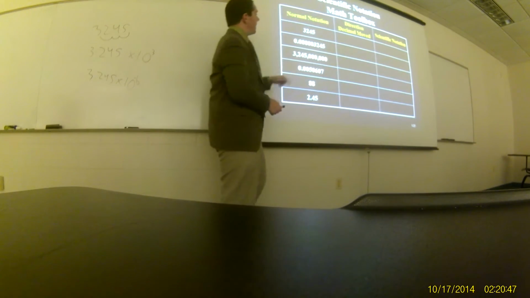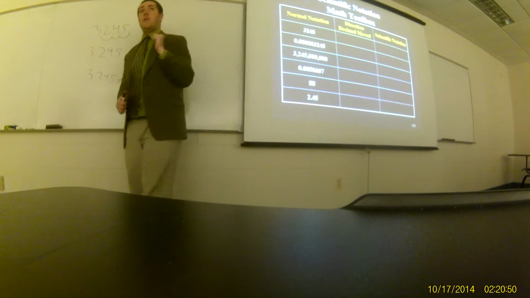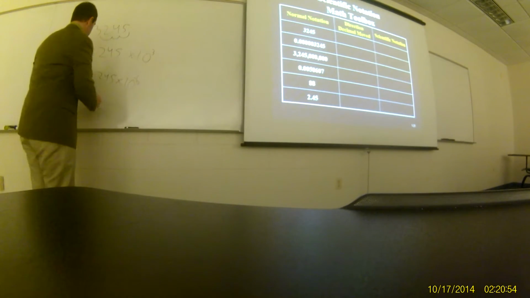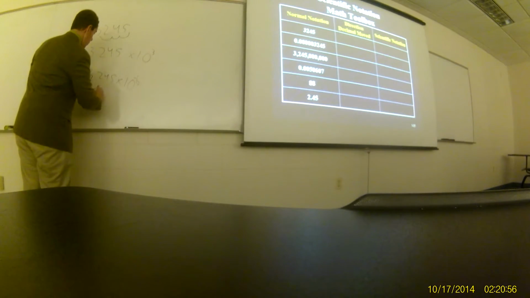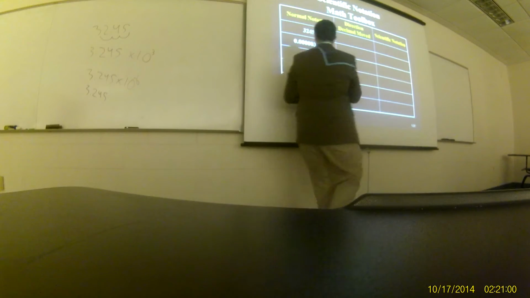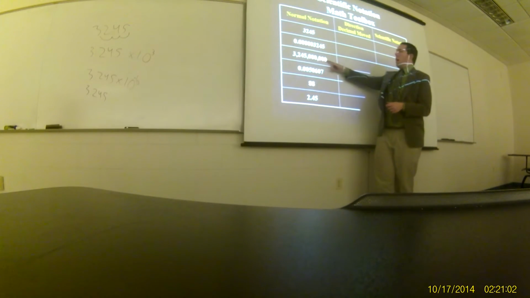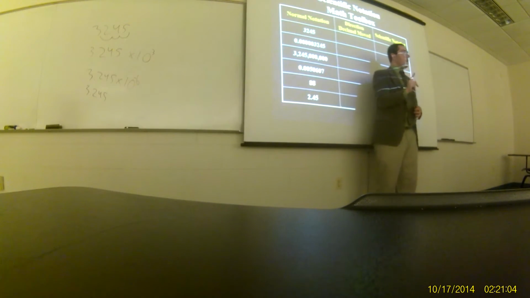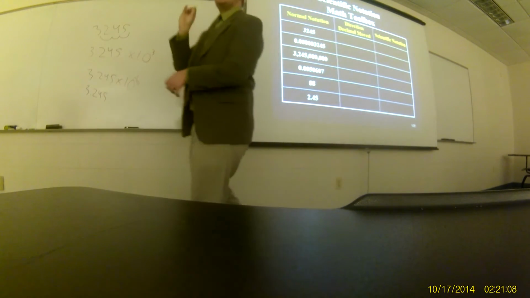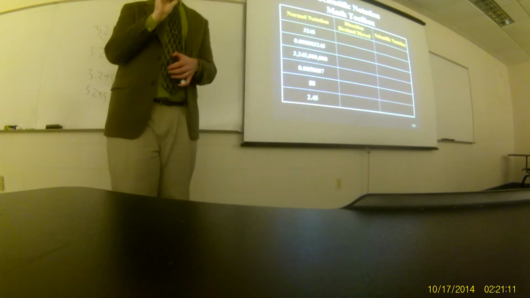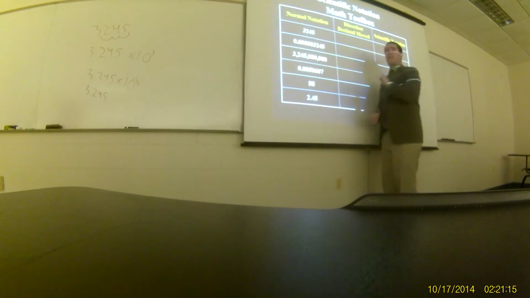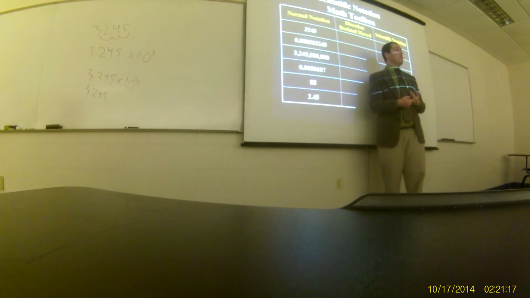Here's another one. Where does the decimal point need to end up when you finish? Between the 3 and the 2. So again, we've got 3.245. In this case, we can drop all of those zeros. When you go from a normal number to a scientific notation number, you can't change the sig figs. In this case, though, these zeros are not significant because there's no decimal place.